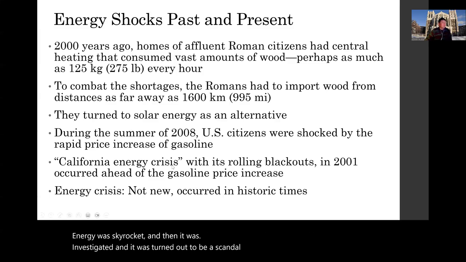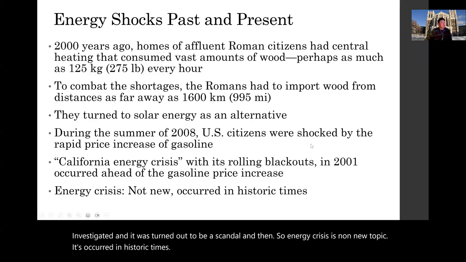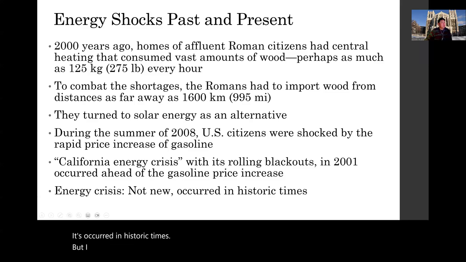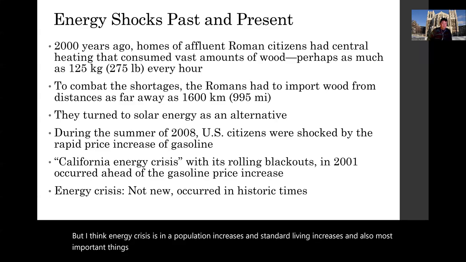So energy crisis is not a new topic. It has occurred in historic times, but I think energy crises will continue as population and the standard of living increase, and also, most importantly, because there is a finite amount of resources.